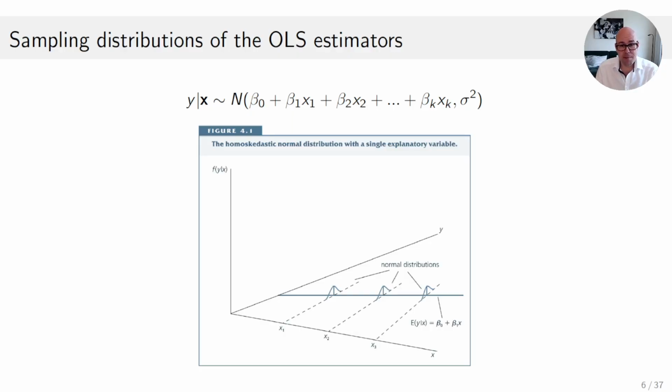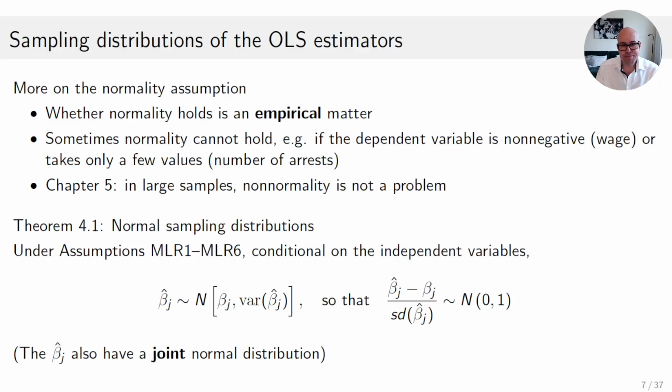So therefore, I get 3 times the same distribution here, and again this is the density of y given x, which will be basically a shifted version of the density of u that we've assumed. And the density of u is the density of a normal distribution with variance sigma square.